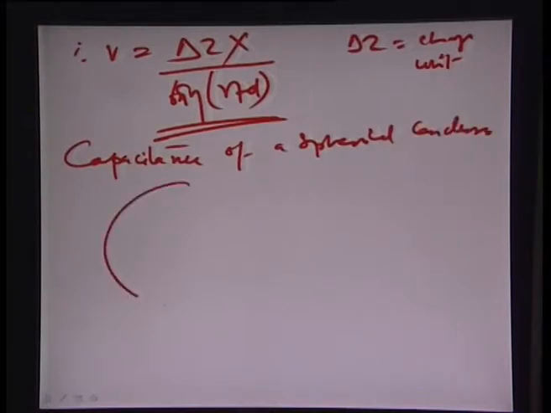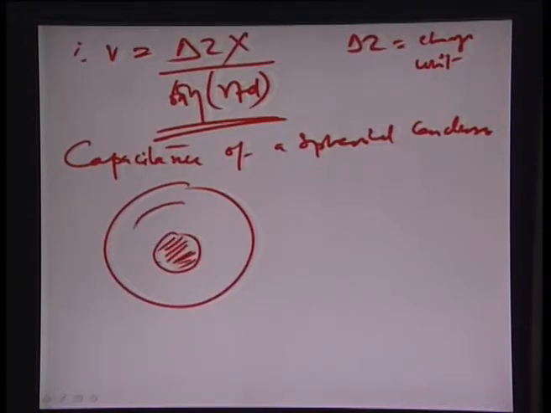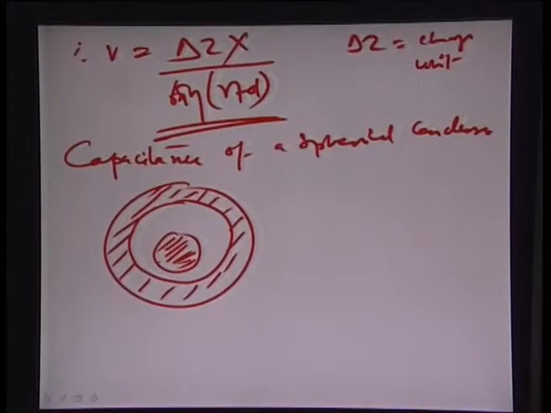So let us suppose we have this case here where we have a central sphere and then there is a concentric sphere around this central sphere of the opposite charge, and let us also assume that we have two different radii here, A and B. B is the radius of the outer sphere on the inside, and A is the radius of the inner or the core sphere.